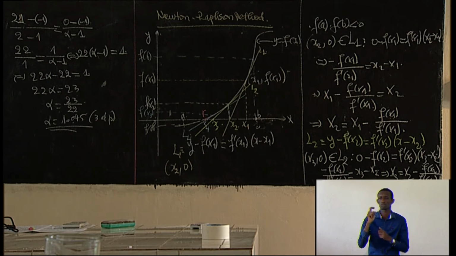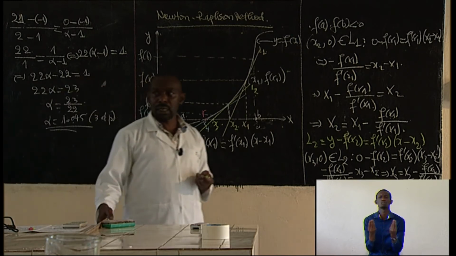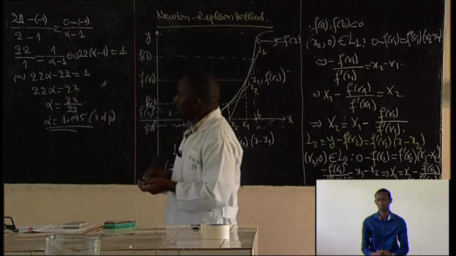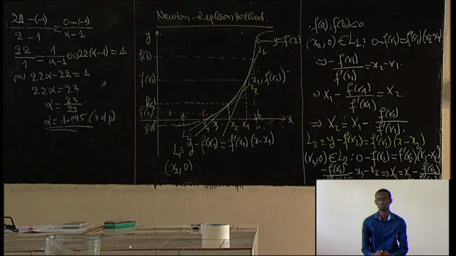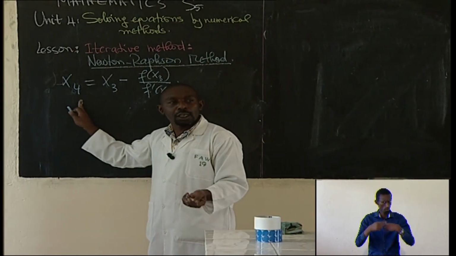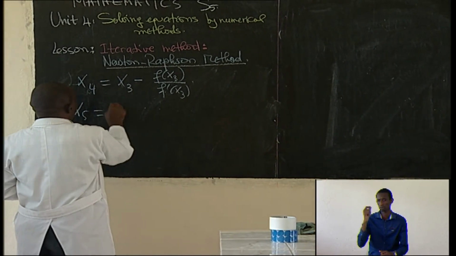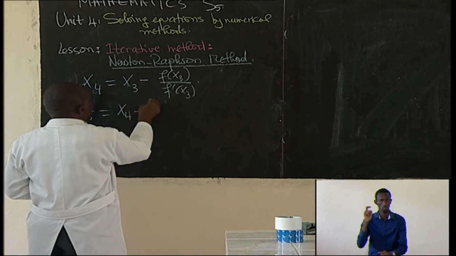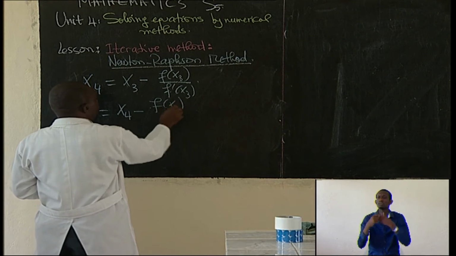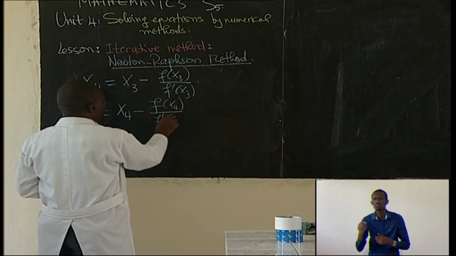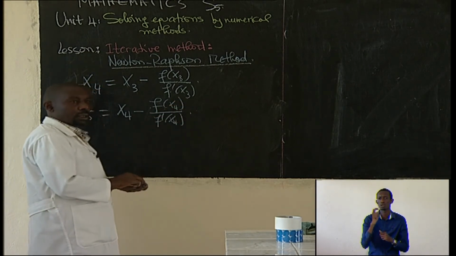Is it difficult? Not at all. It is very simple and clear. Similarly, if we continue with another tangent, we shall have x5, which is equal to x4 minus f of x4 divided by f derivative of x4, like this.